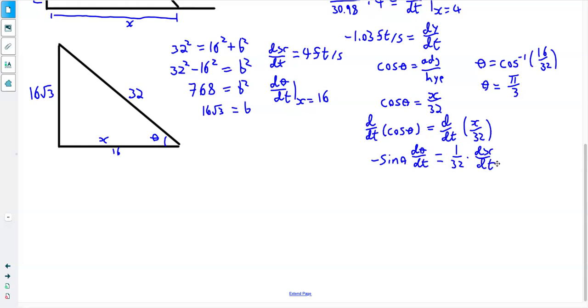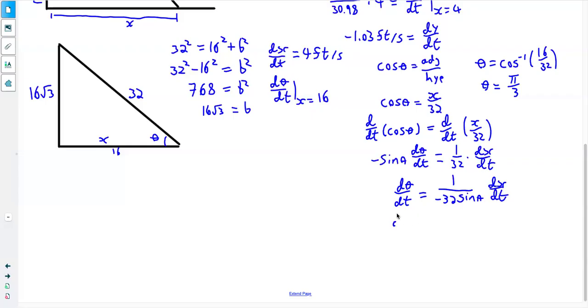Now we're trying to solve for this part here, so we divide both sides by the negative sine theta. So our rate at which theta is changing with respect to time is 1 over negative 32 sine theta dx dt.